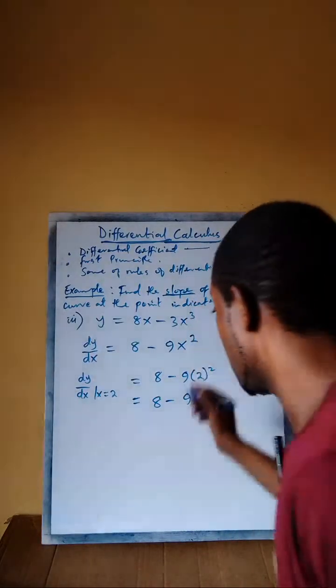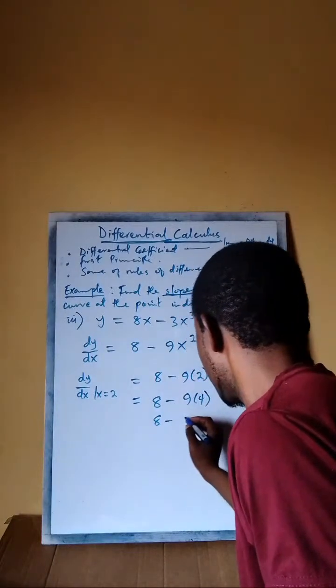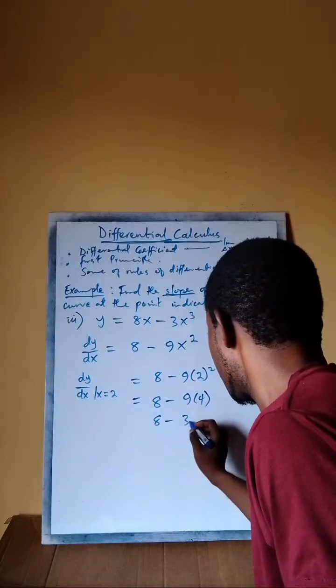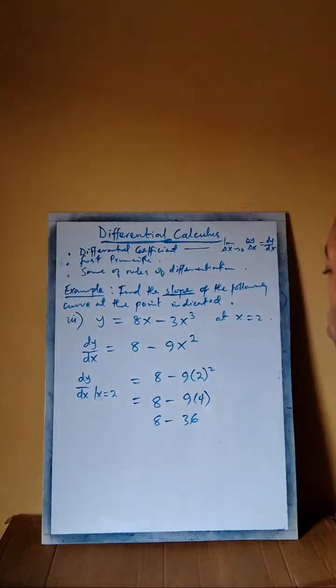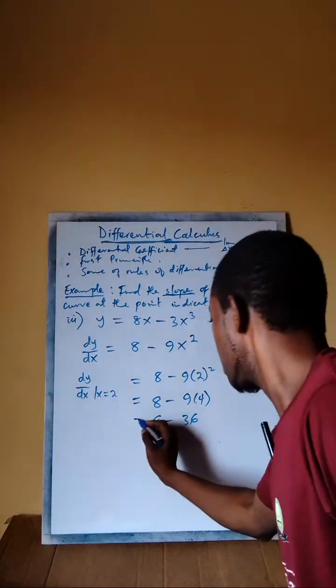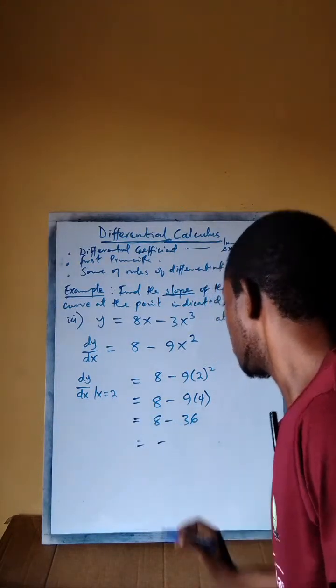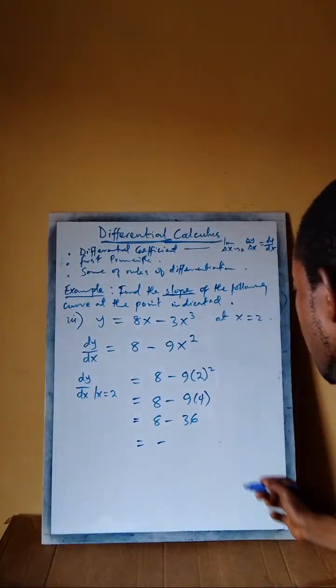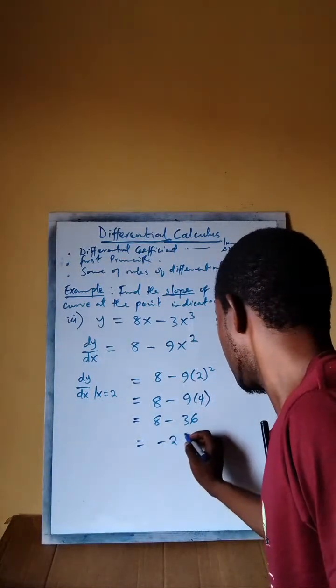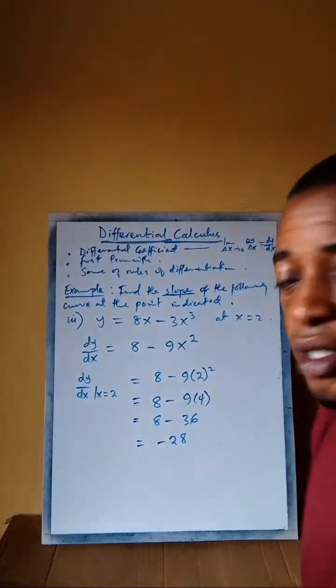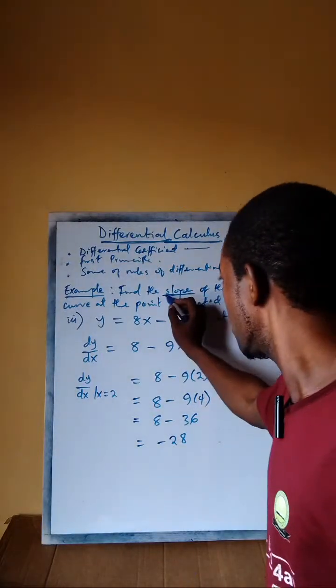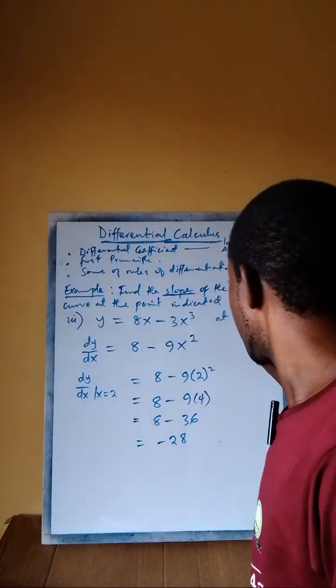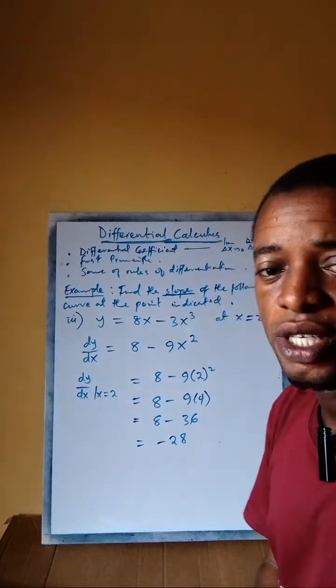Then that means we have 8 minus 9 times 4, that's 36. So when we subtract, we have minus 28, which implies the slope of this curve at x equals 2 is minus 28.